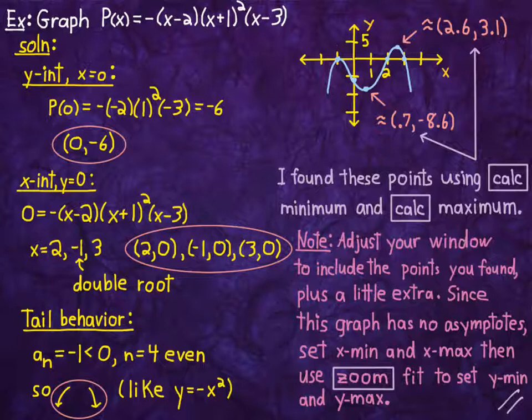So yeah, if you don't understand what I mean there, Google the name of your calculator and zoom fit, and it'll explain it to you and probably give you an example so you can see how that works.